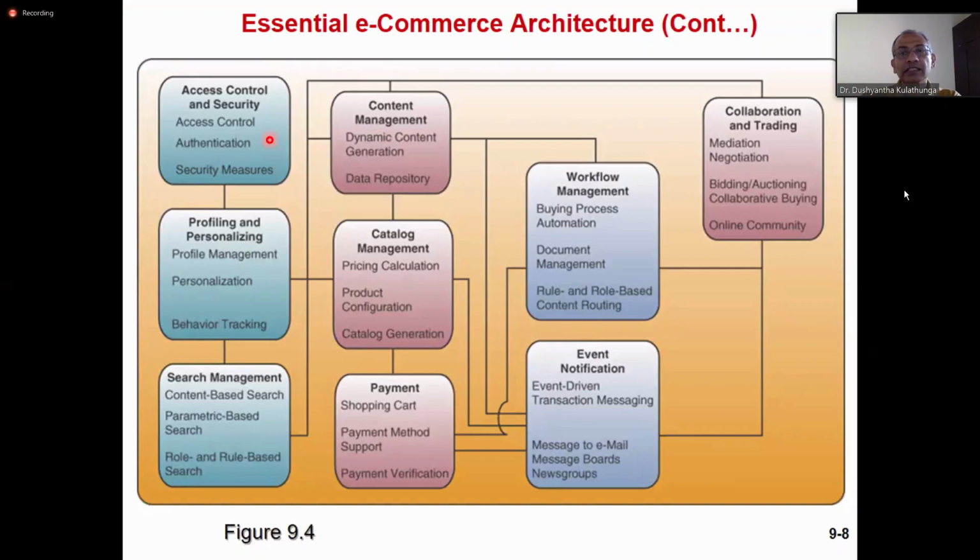So even internal systems cannot be accessed by all employees. There will be various access controls imposed to prevent other employees from accessing those internal systems. So access control and security is very much relevant for other internal systems as well.